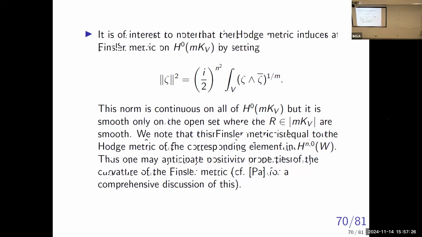So this multiple differential on your original variety gives you an actual holomorphic differential on a branch cover. And this Finsler metric is simply the Hodge metric on the branch cover. So that's where the positivity of the curvature for these Finsler metrics comes from. It's at root, again, a Hodge theoretic positivity property.